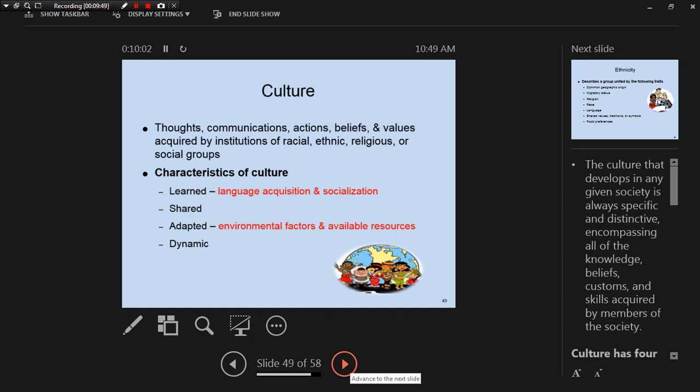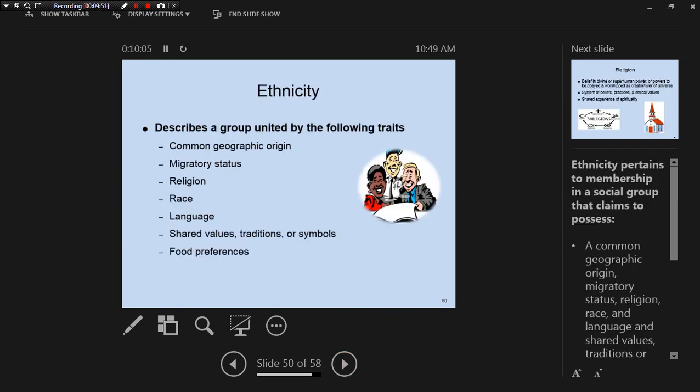It's a little bit different than ethnicity. Culture can almost fall under ethnicity. The concept is not necessarily tangible; it's a broad concept. For ethnicity, we know it's a specific group that's united by traits: race, language, religion.